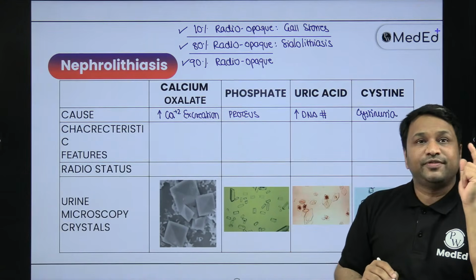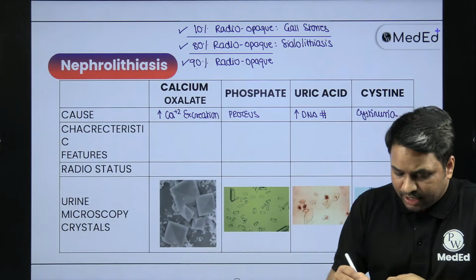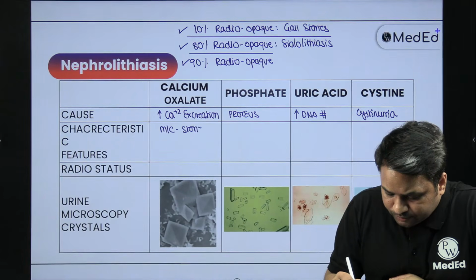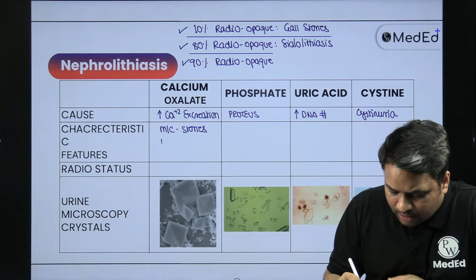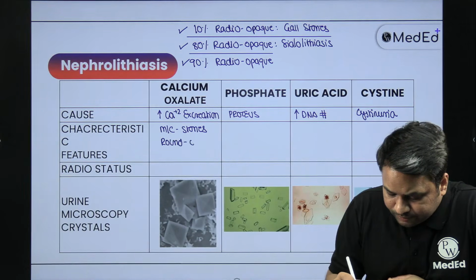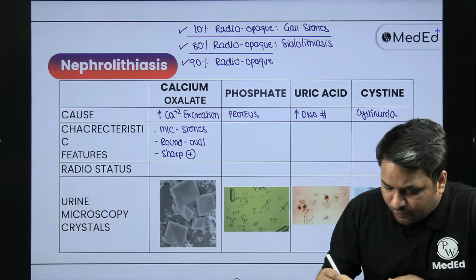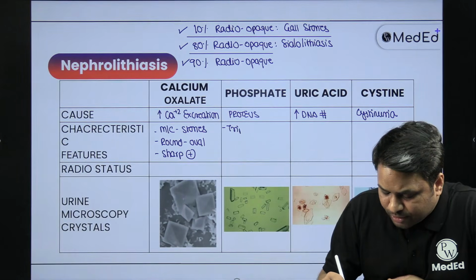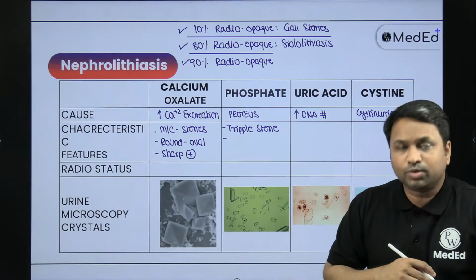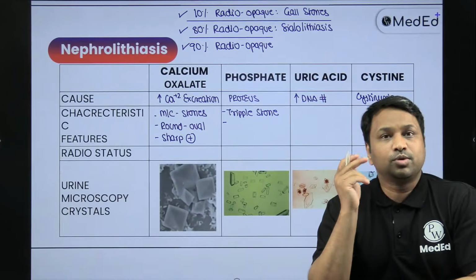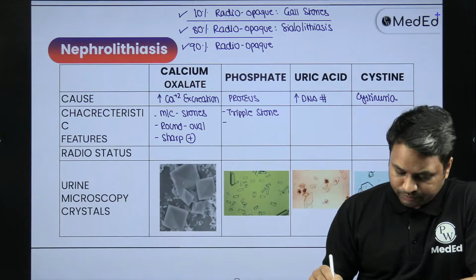Calcium oxalate stones are the most common stones overall. They are round to oval in shape and they have sharp projections. Phosphate stones are what we call the triple stone.